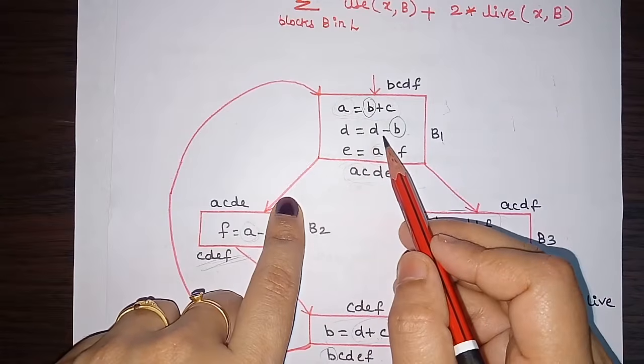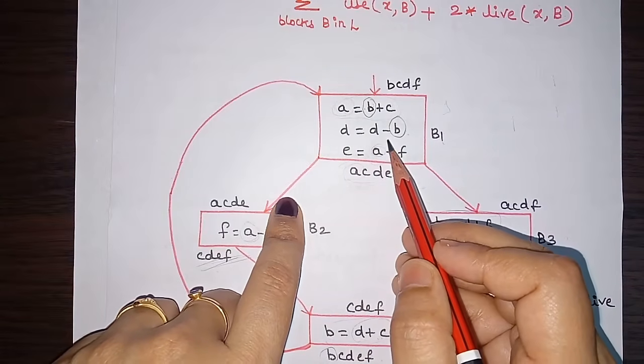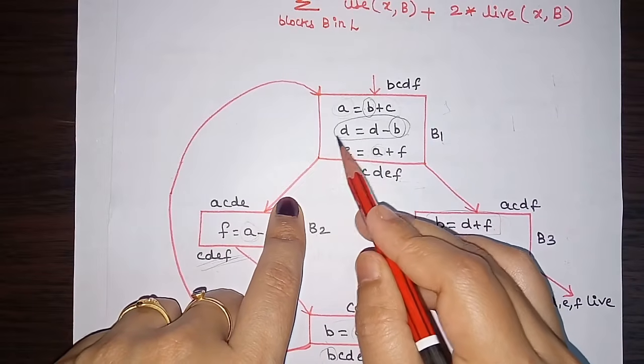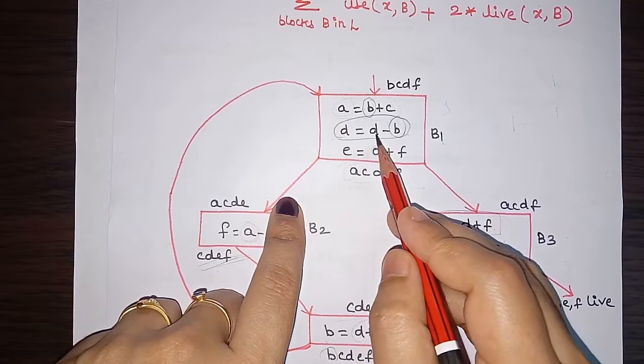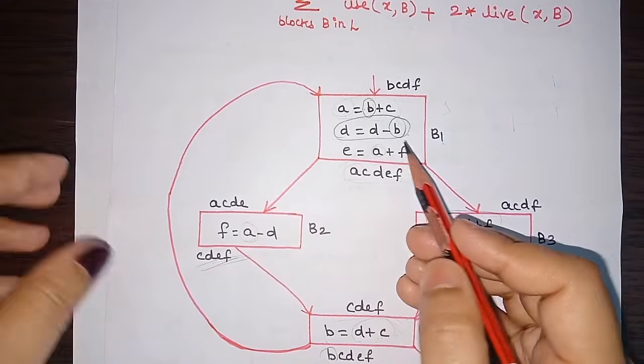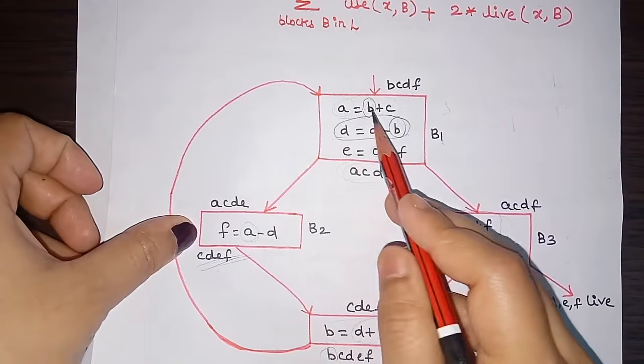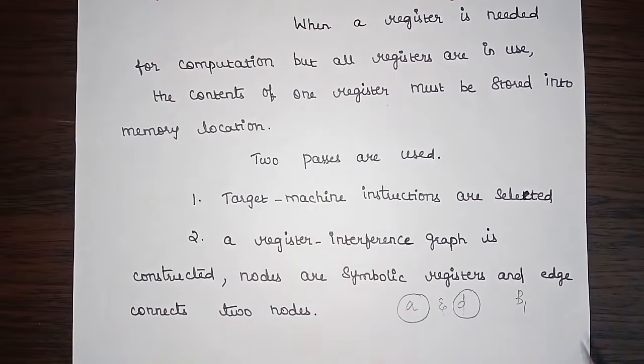In the second statement we are defining D, and still A is live in this statement. Therefore, we can make an edge between the nodes A and D. So there will be an edge between A and D here.